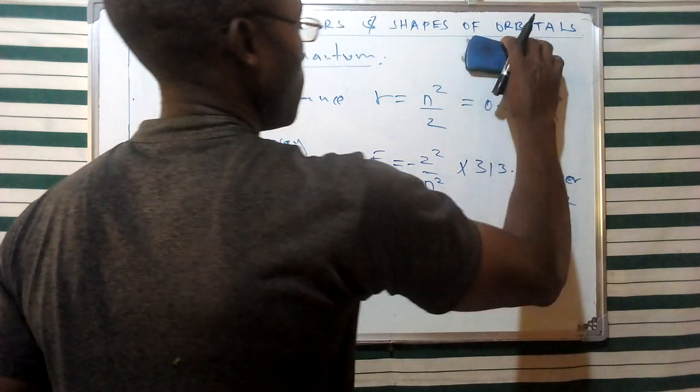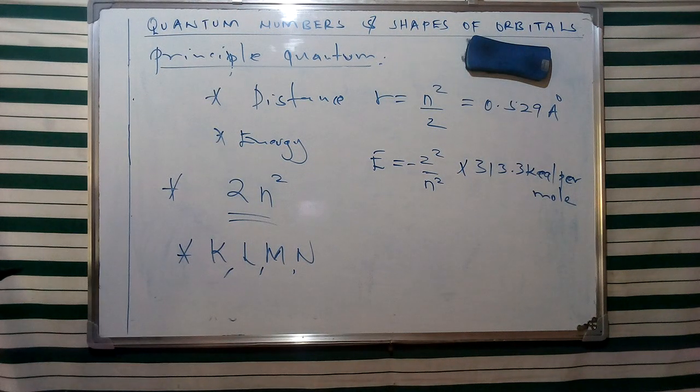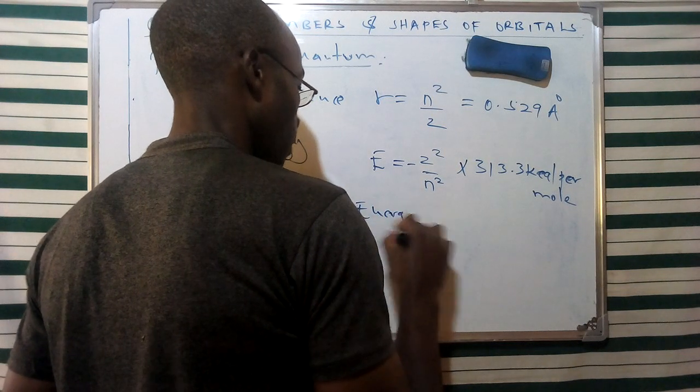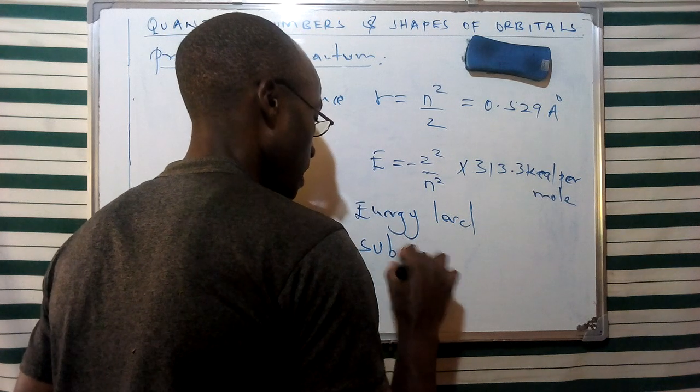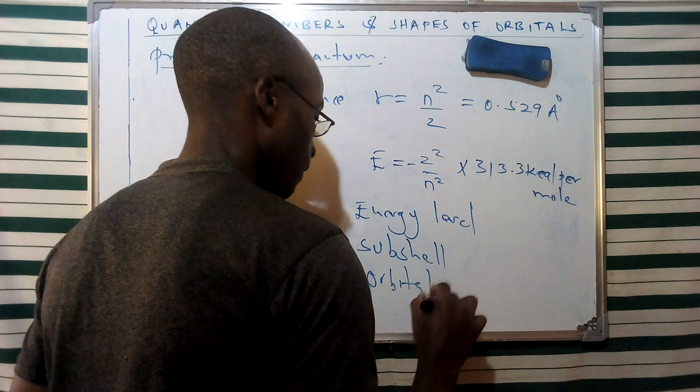Remember, we had mentioned that for us to describe the position of an electron, there are various levels which we had discussed. I mentioned the concept of energy level, the subshell, and then I talked about the orbitals.